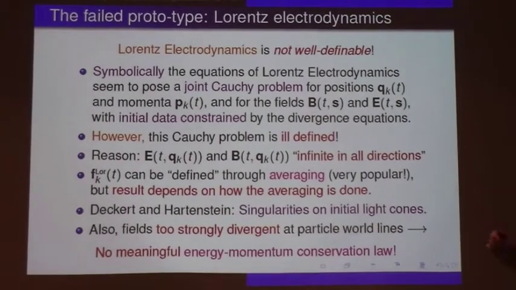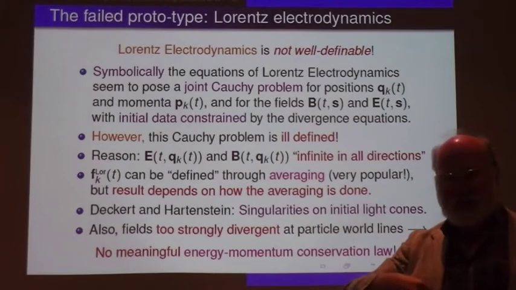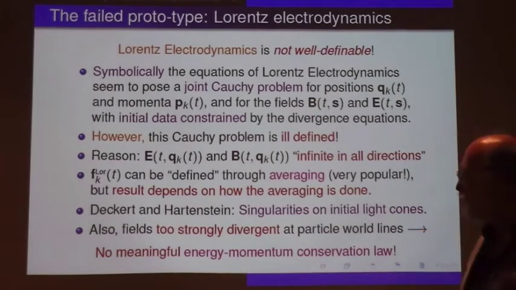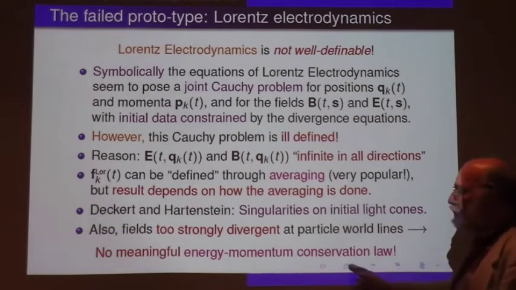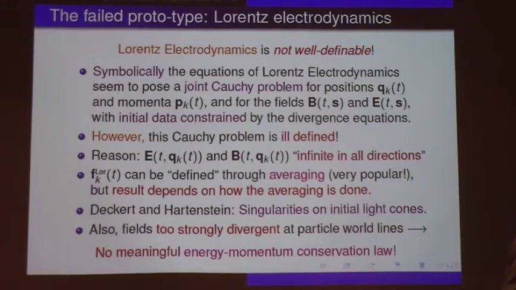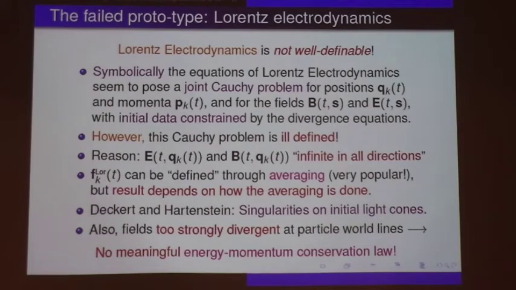And I was only now talking about the Lorentz force from one particle onto another, not from one particle actually onto itself. So, moreover, there is no meaningful energy momentum conservation law that can be formulated if you have point sources, because the field's energy densities that one can write down are not integrable locally over any domain that contains the point charge. So this thing is completely infinite.